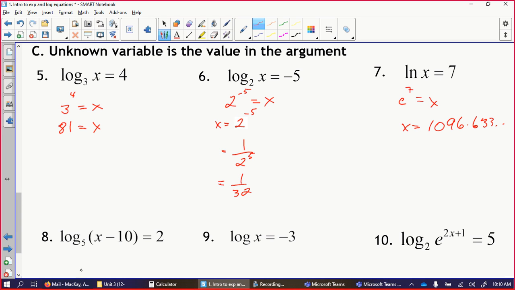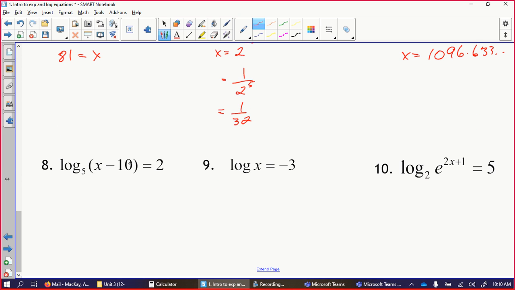Now when we get to, oh, we've got some variables. Oh, that one looks crazy messy, but we'll get to it. Log base 5 of x minus 10 equals 2. Convert it. 5 squared equals x minus 10.